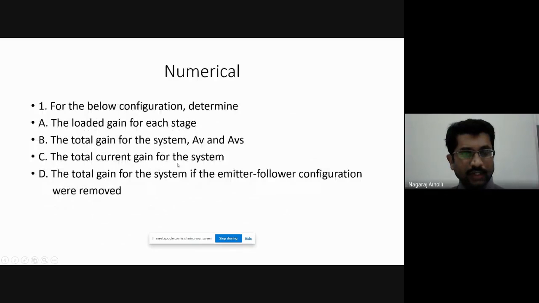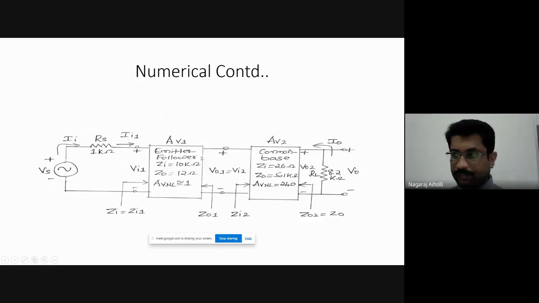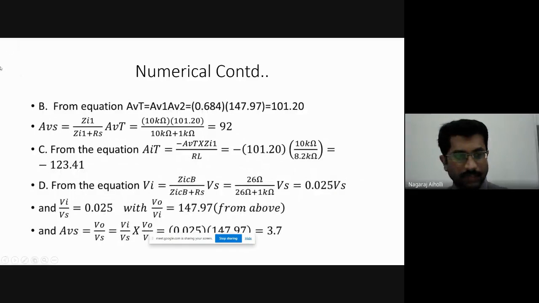The total current gain for the system. Now, the formula for total current gain is AIT, total current gain is minus AVT into ZI1 by RL.